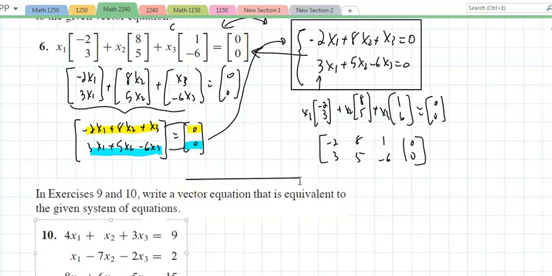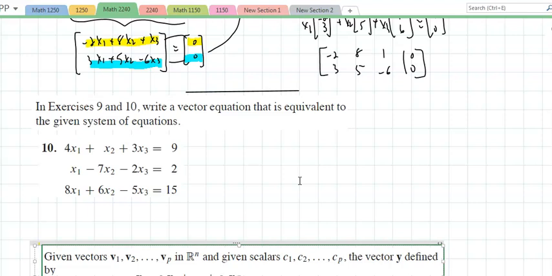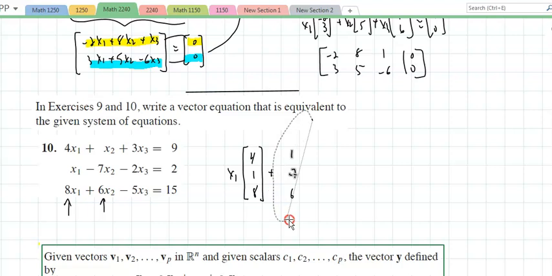Alright, now write a vector equation that is equivalent to the system. A vector equation, well again, here it is. So if I take x1, wouldn't that mean I'm going to have a (4, 1, 8) right there times x1, plus, isn't that a (1, -7, 6) times x2.